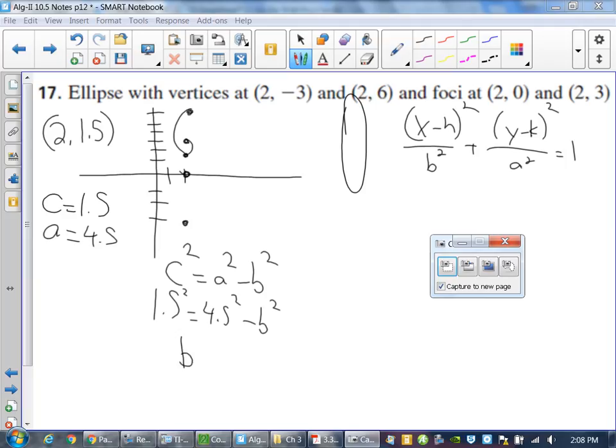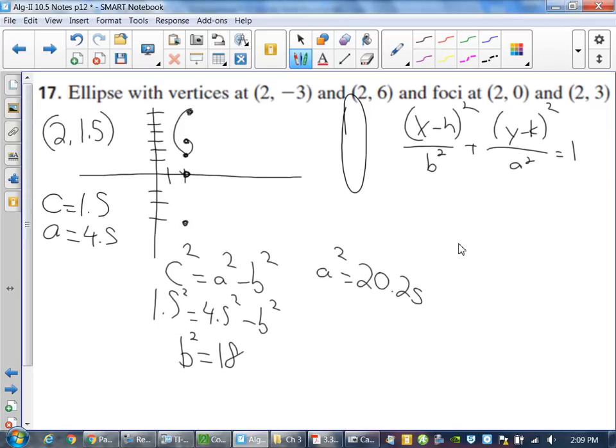I believe you get 18 for b squared. And then a squared is 20.25. And it's just a matter of throwing in the values then. Okay? So with (2, 1.5).